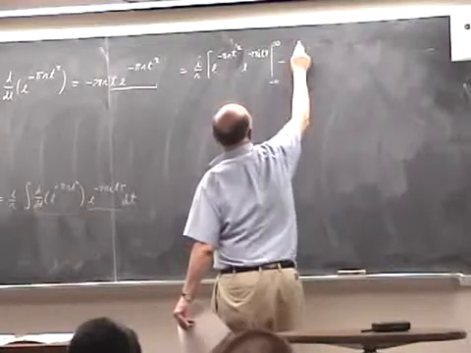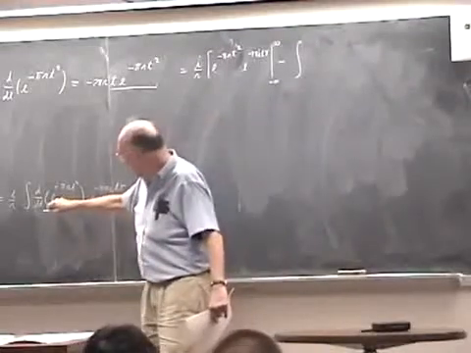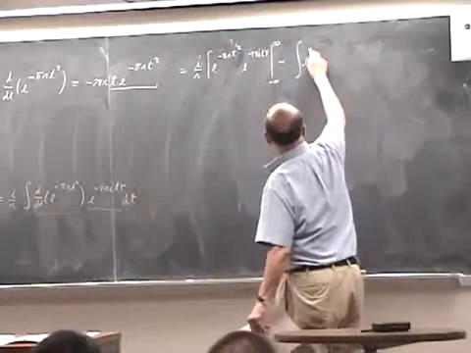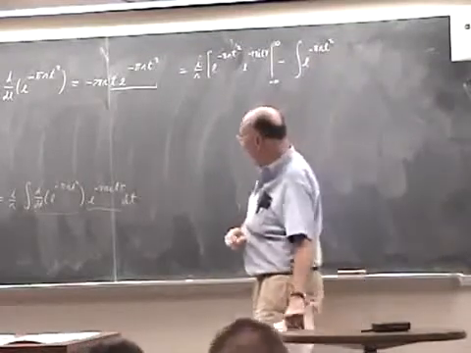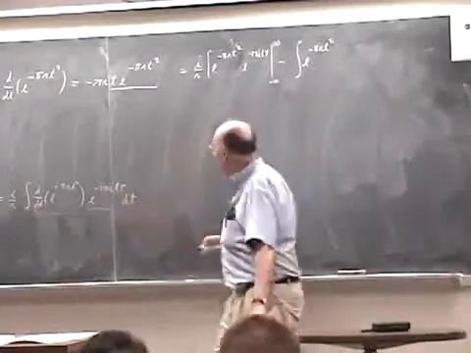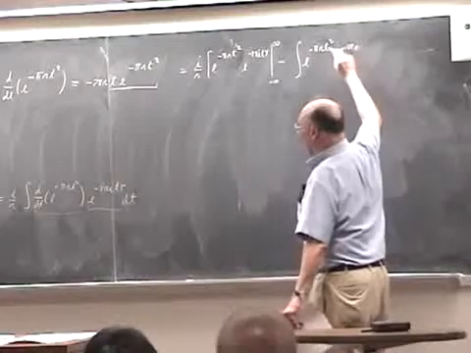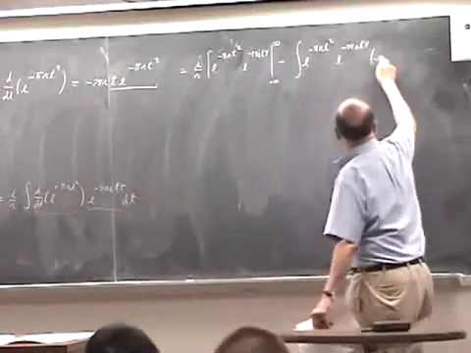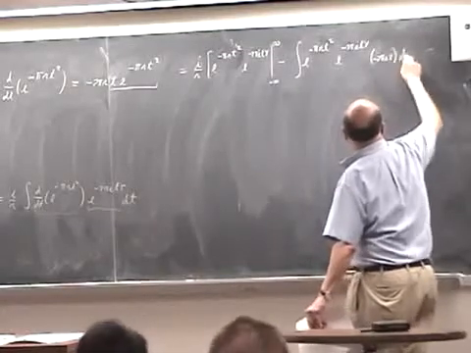And then I have a minus the integral. And then I've got my V, so that's e to the minus pi r t squared. And now I've got my du, so I have e to the minus 2 pi I t gamma times minus 2 pi I gamma dt.